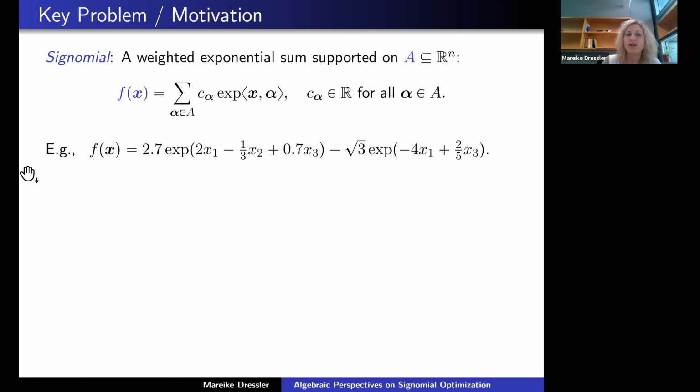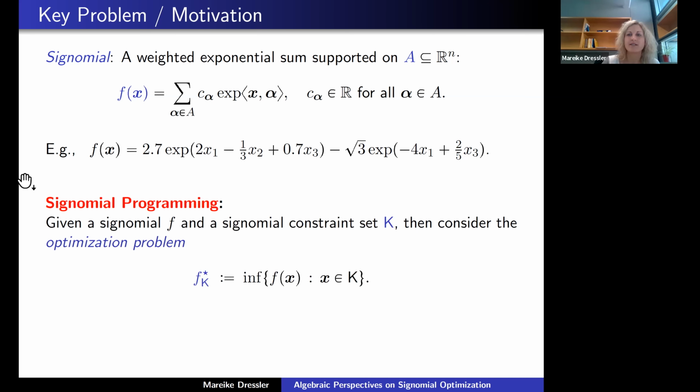And Signomial programming is then just optimizing with these Signomials. So given a Signomial, we want to minimize it subject to a Signomial constraint set. Usually this is a finite set of finitely many Signomial inequality constraints.